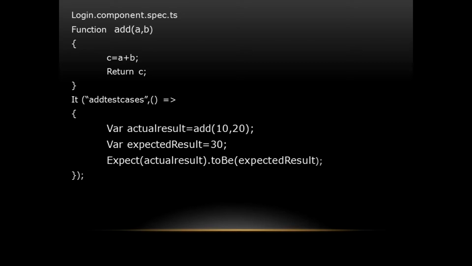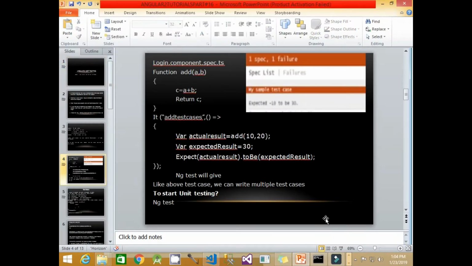So expect actual result to be 30. That will be the execution of the test, and your final result will be passed, and you will see the addition test case. So let us jump into the project and you can clearly understand what I am saying here.